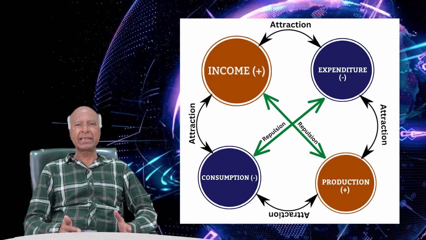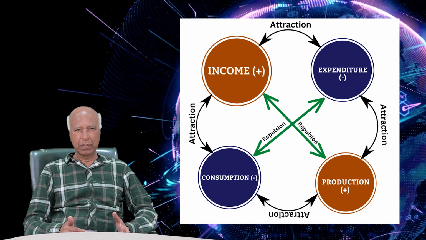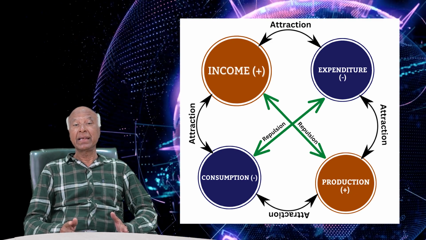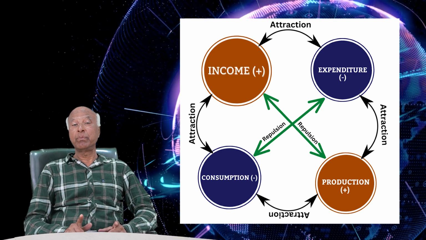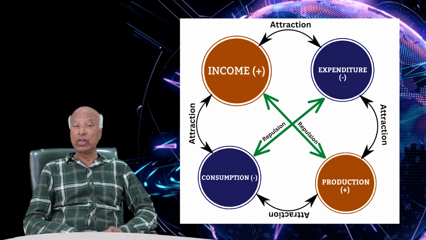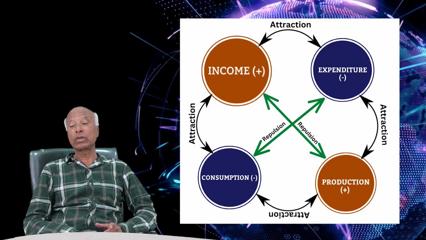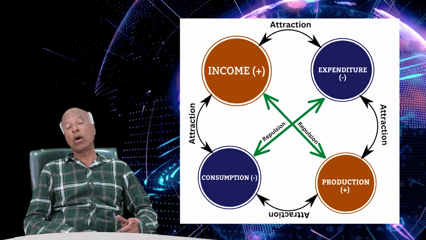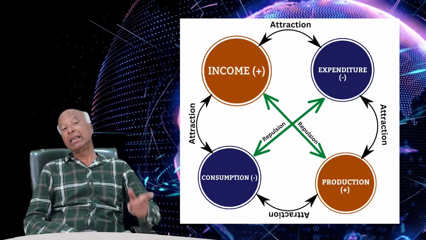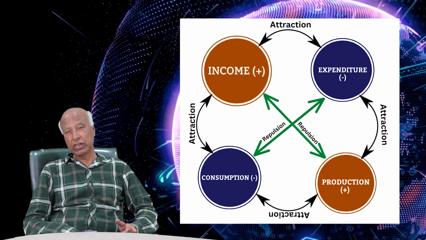In that case, his income goes up. This is due to the fact that the polarity is plus plus, so if the production goes up due to repulsive forces, the other pole of income will go away from this, meaning it will increase.